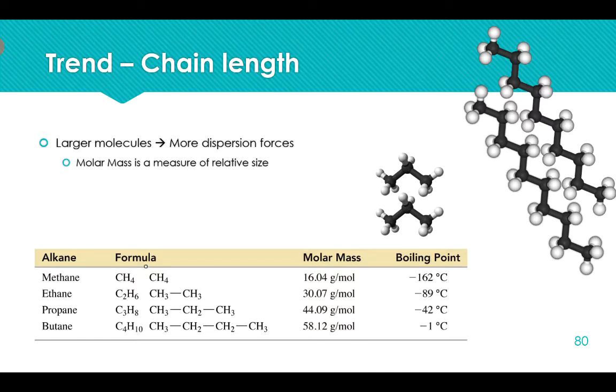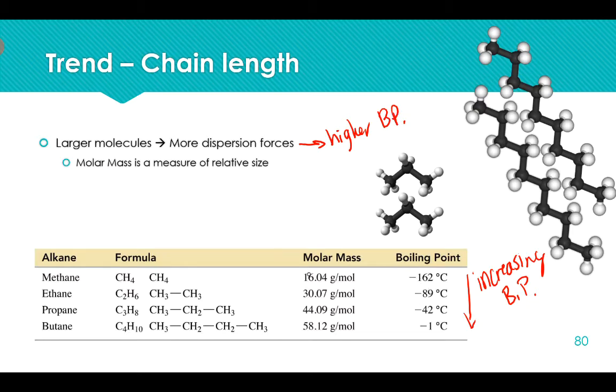And so if you have a longer chain, then you're more likely to have dispersion forces. You can see here in this table that as the number of carbons increases in the molecule, the boiling point becomes closer to 0. And so this is an increasing boiling point. So larger molecules, more dispersion forces, higher boiling point.